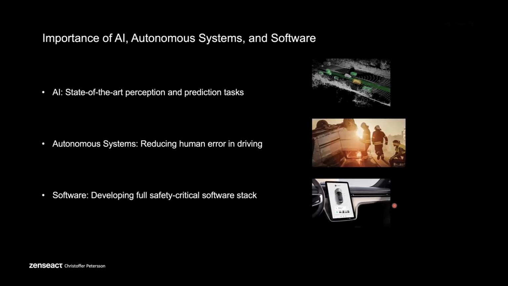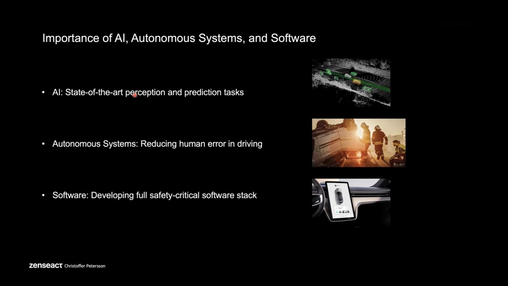So these 3 pillars of WASP, AI, autonomous systems, and software are really close to our heart at Zenseact. So of course, the AI part, we have all these very high-dimensional, high-resolution sensors, surround cameras, radars, LiDAR.